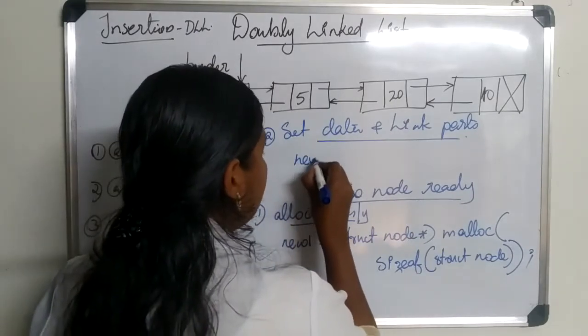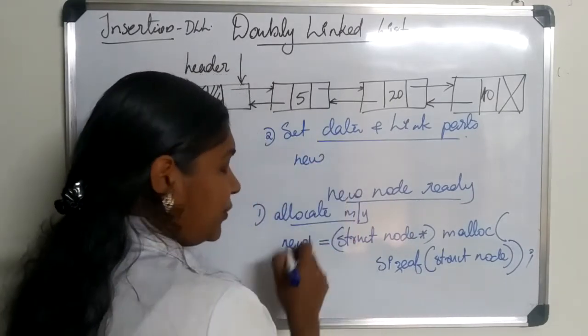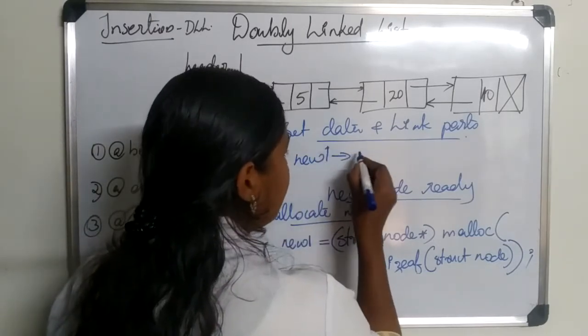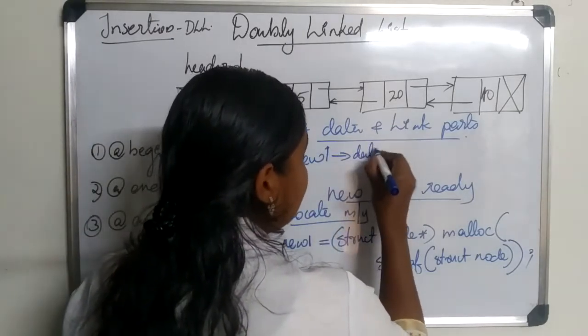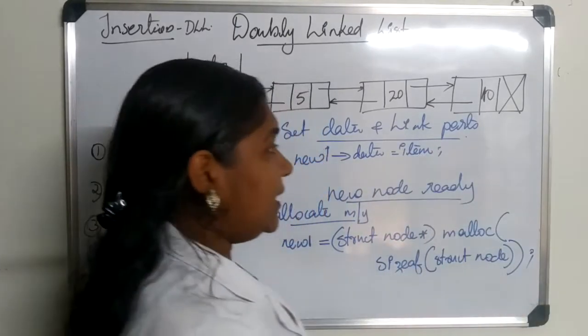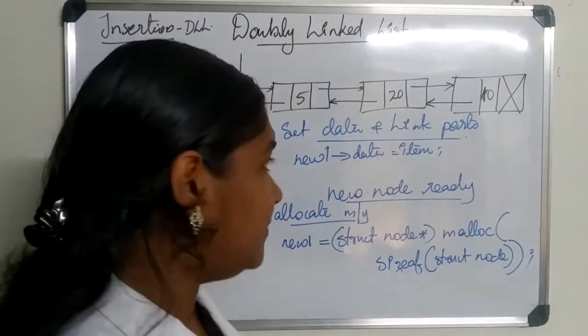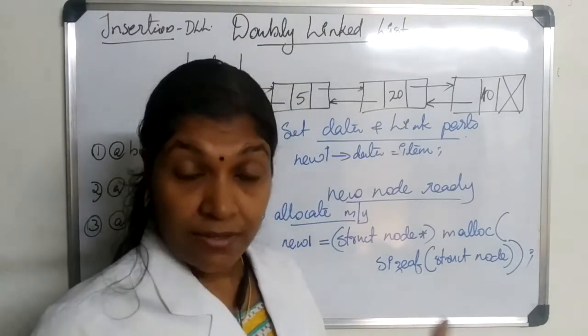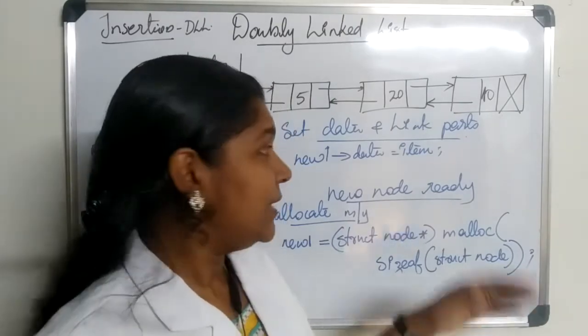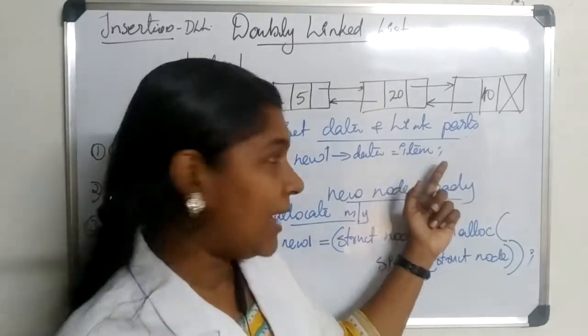The name of our new node I have set as new one. So new one dot data is equal to item. This item is a variable whose value you get from the user. You would be asking the user to enter the value for the new node. The user would enter some value, then you would scan that value into item.